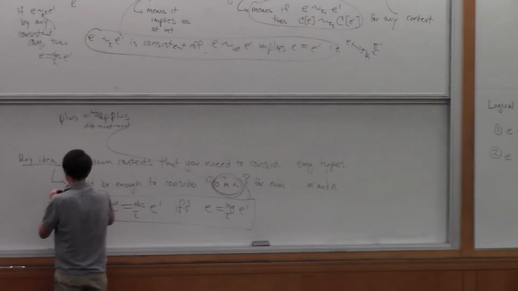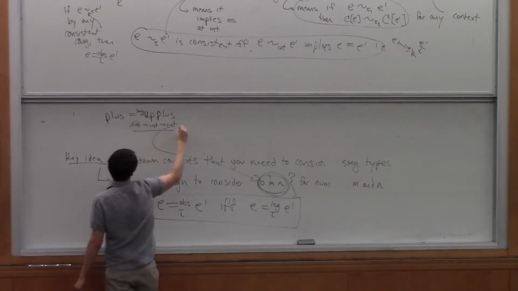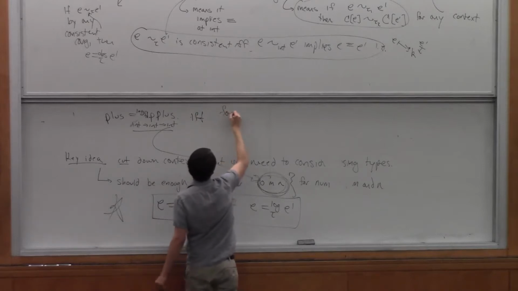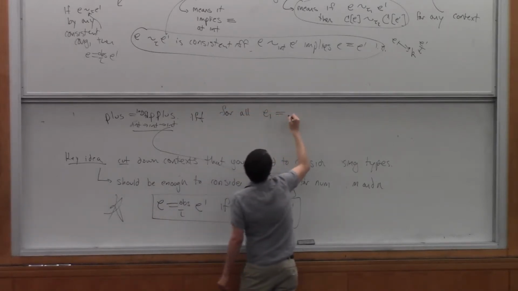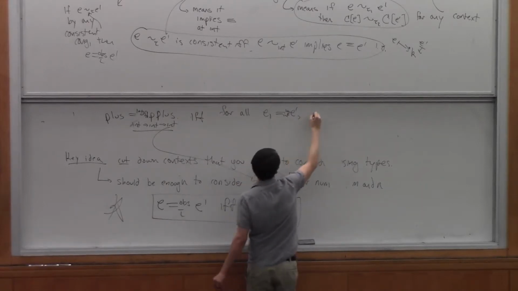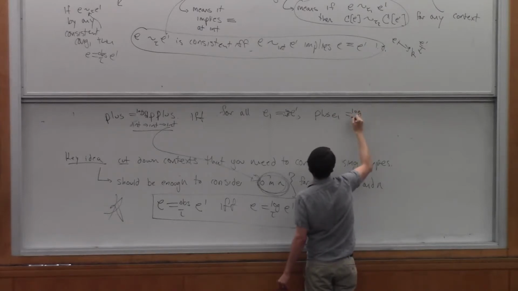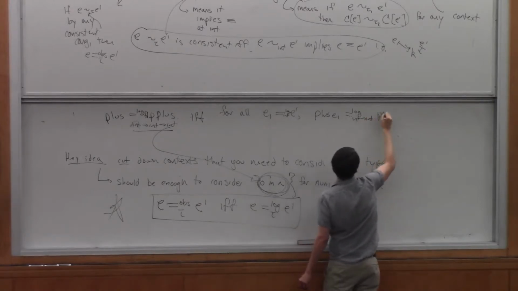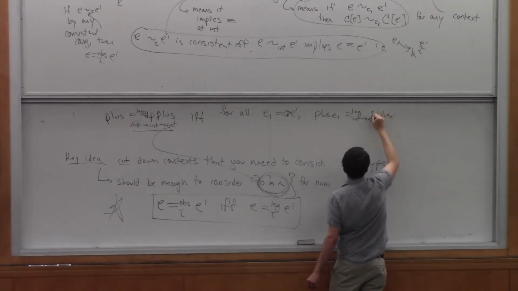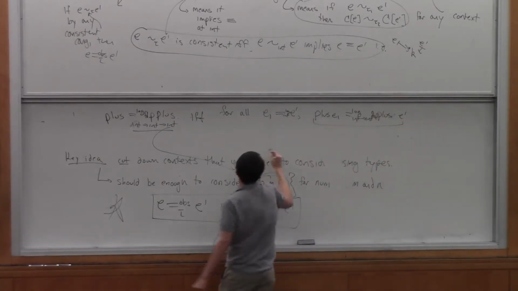So I won't work it out, but from this definition, if you just expand out what it means, maybe I'll do a little bit of it. What does it mean for plus to be equal to flip plus? That means for all E1 which is logically equivalent at int to E1 prime, plus applied to E1 is logically equivalent at int arrow int to flip plus applied to E1 prime. And what does that mean in the next round?